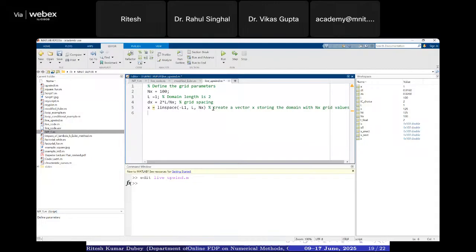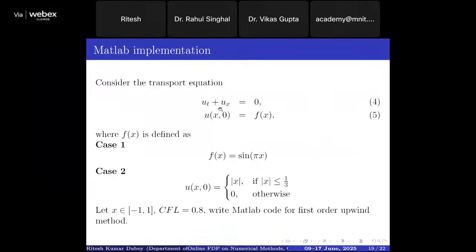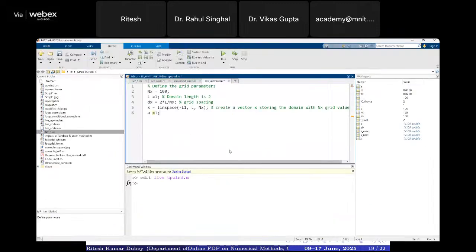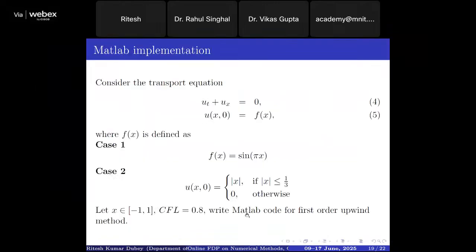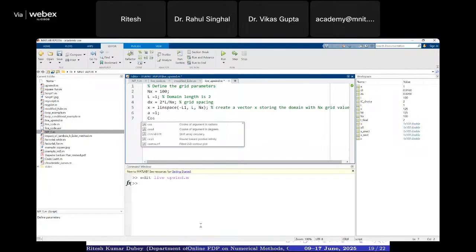So I will take a equal to 1, because the condition here is a equal to 1. And then we can take the CFL condition 0.8. CFL is equal to 0.8.